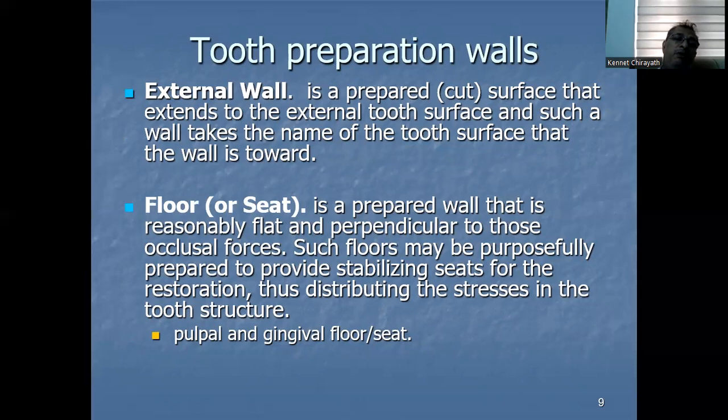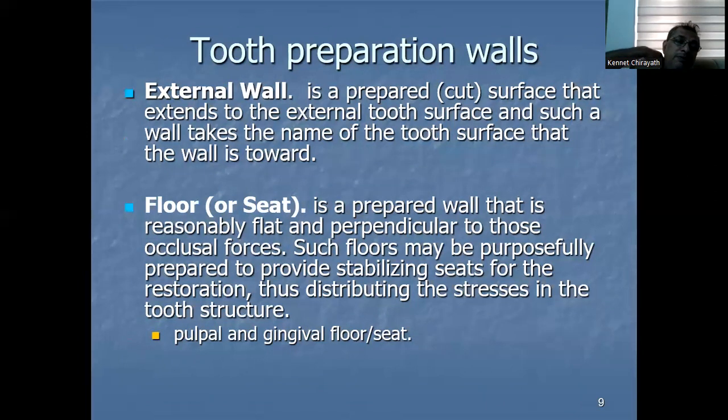That is the pulpal floor or gingival seat. The gingival seat is a prepared wall that is reasonably flat and perpendicular to the occlusal force. Such a floor may be purposefully prepared to provide a stabilizing seat for the restoration, thus distributing the stress in the tooth structure.